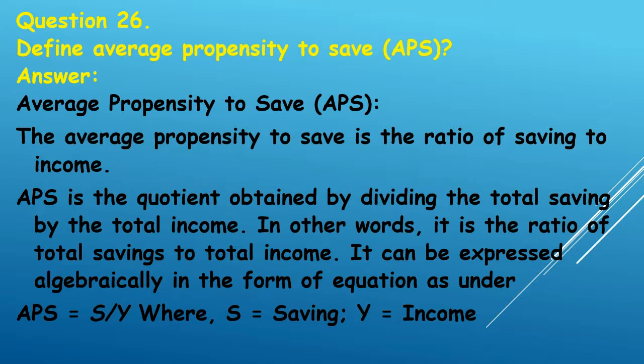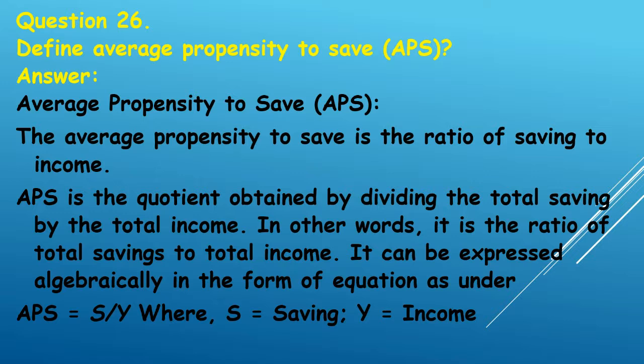What is the formula? APS is equal to S by Y. That is the income which is saved rather than spending on goods and services, how much is being saved rather than spent. It is also known as the saving ratio.